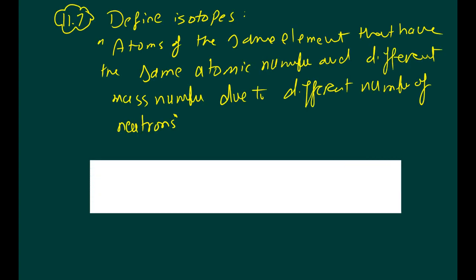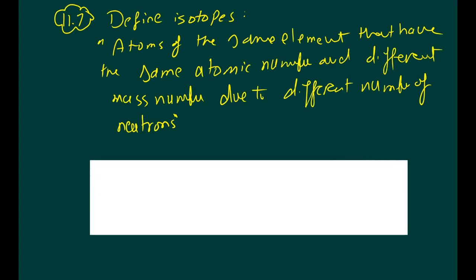Remember the table that we used to use, which we can use to calculate the number of protons, neutrons, and electrons in an atom. If you have an element like Cl-37, and I will ask you what is the atomic number, mass number, neutrons, protons, and electrons.